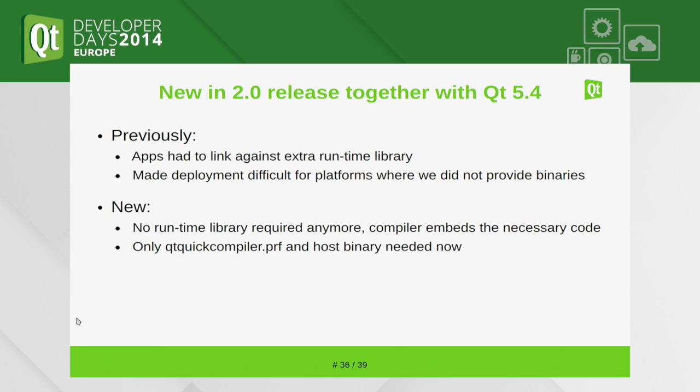So if you want to use the Qt compiler on some weird Windows CE platform or something like that, then all you really need to do is grab the Qt binary packages, commercial packages that run on Linux, Mac, or Windows, and take the Qt compiler, because that's a statically linked host binary, and take the QMake or CMake integration files, pop them into your custom build of Qt for your target platform, and that's all you need to do. So there's no need for a runtime library anymore. That should make it easier.